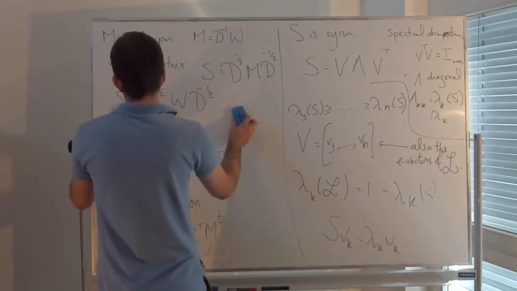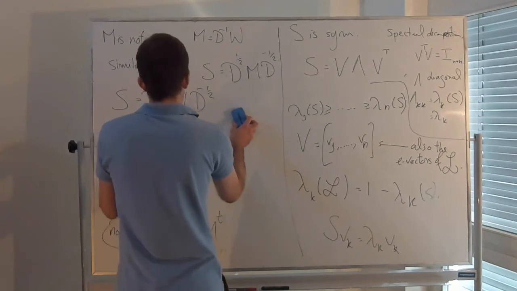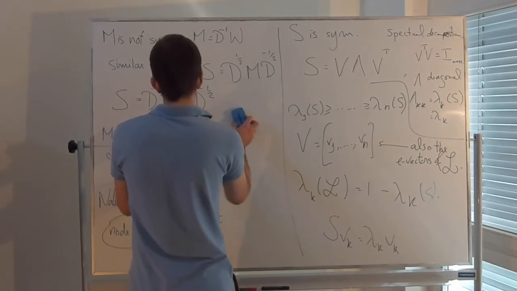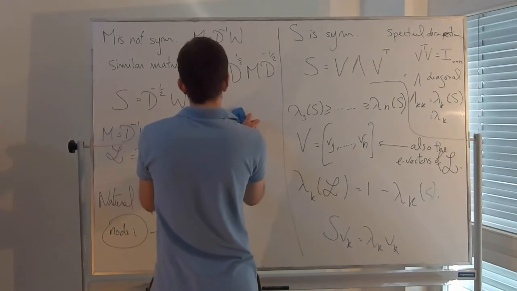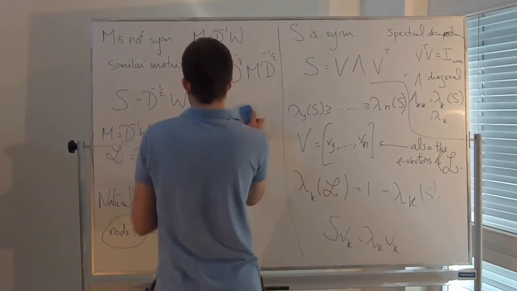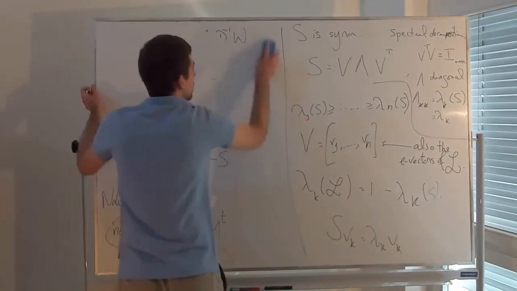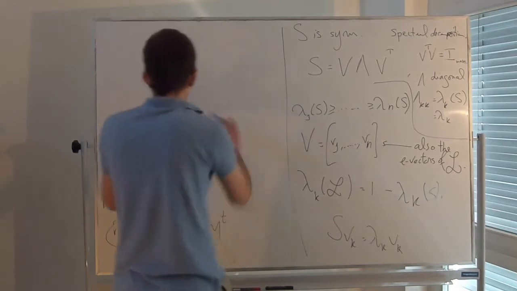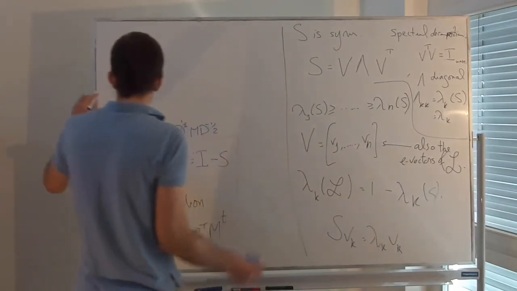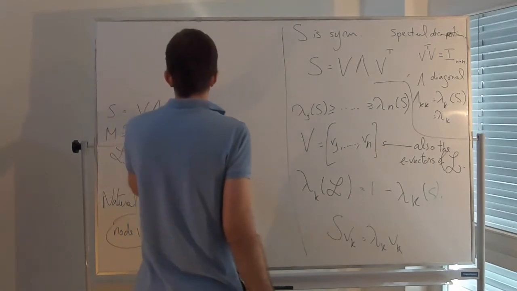Let's say M is equal to D to the minus 1 W. S is equal to D to the 1/2 M D to the minus 1/2. And we also have that S is equal to V lambda V transpose.